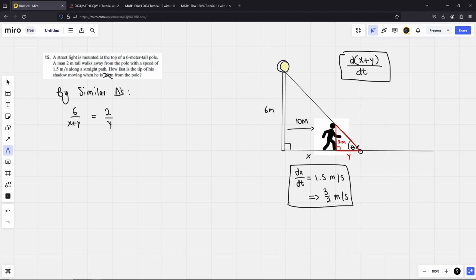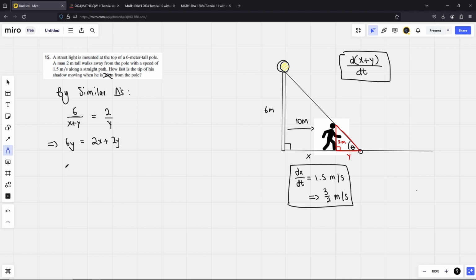Looking at my angle theta, I have the opposite of the bigger triangle divided by the adjacent of the bigger triangle, which is equal to the opposite of the small triangle divided by the adjacent of the small triangle. That's by similar triangles. By simplifying this, I get that 6y is equal to 2x plus 2y, and that's by cross multiplying.